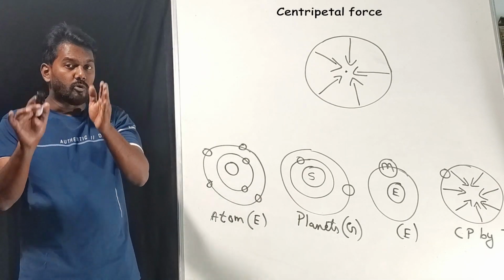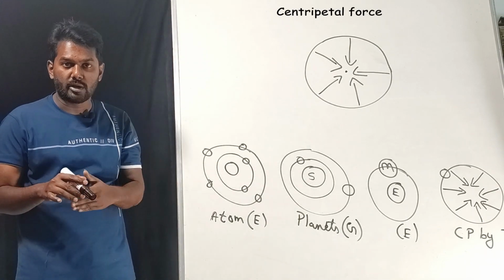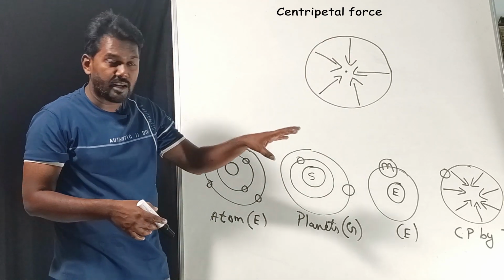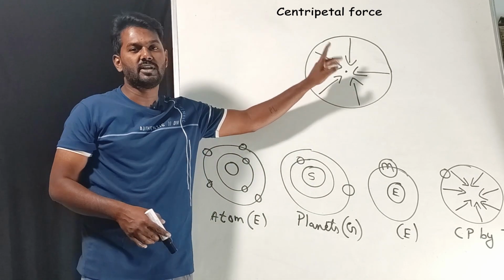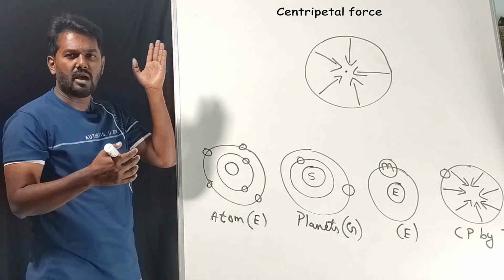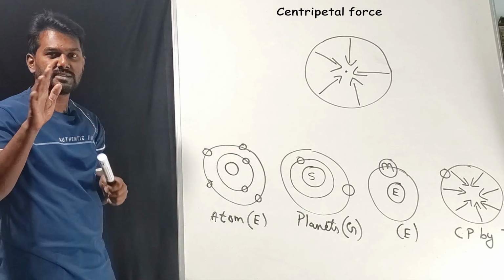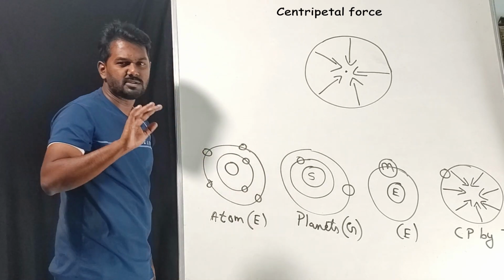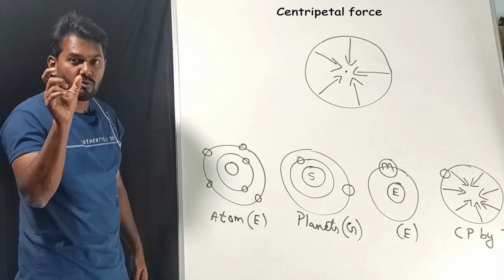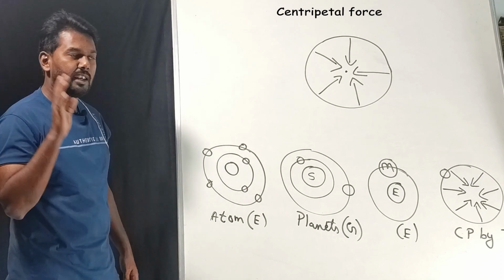Centripetal force is a force which is acting on a body which is moving in a circular direction, in the direction towards the center of the circular path. Okay, now I understood. You just read the definition, but you need to understand it. Listen, centripetal force is a force, a real force. Why am I saying the word real? You will get that later.